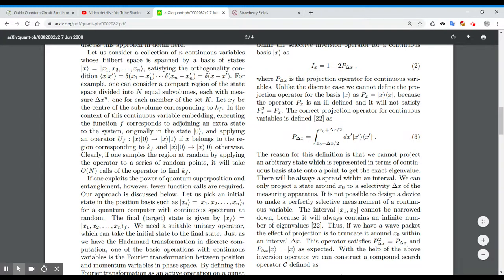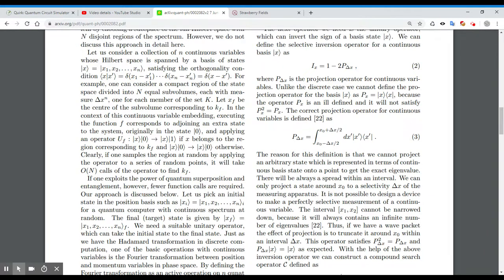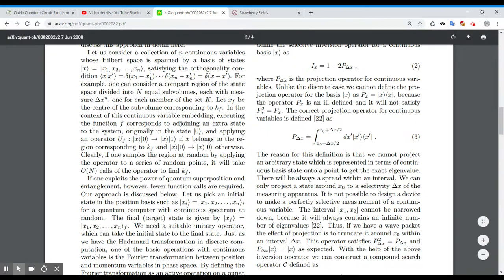A collection of n continuous variables whose Hilbert space is spanned by basis states satisfying the orthogonality condition. For example, one can consider a compact region of the state space divided into n equal volumes, each with measure.